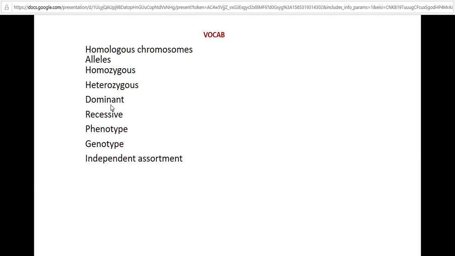The dominant allele is the one that gets expressed, even though the recessive allele is carried. The recessive allele is not expressed, meaning it doesn't show physically. The one that shows physically determines the phenotype, or the physical appearance of an individual. The genotype is the genetic information carried within that individual.